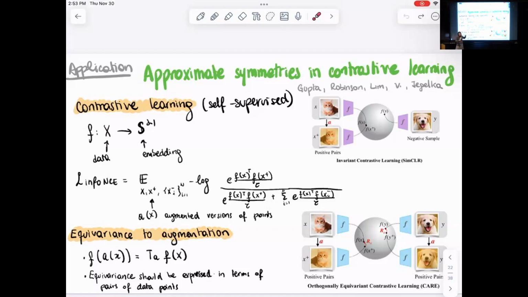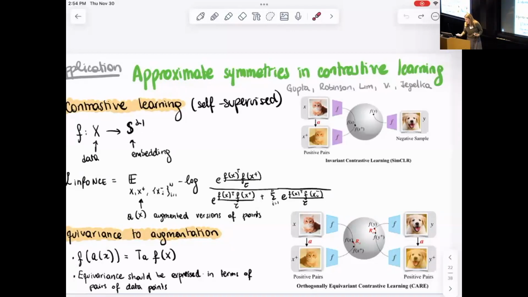You know what I mean? I want this embedding to be equivariant with respect to rotations on the sphere, so the embedding of the augmented cat is the same as a rotation of the embedding of the cat. That's the equivariance that I want.